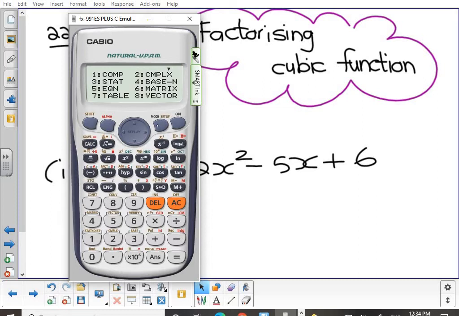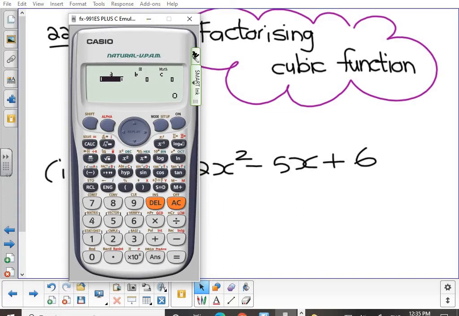Mode, I'm looking for equation. There is your cubic function. The one right at the bottom of my screen, depending on your model and variation, I'm going to press 4. Now remember, any expression, the mathematical good manners says I write it in descending order of exponents. So I'm always going to do x cubed first, x squared, x and then no x. So that's how this works as well.